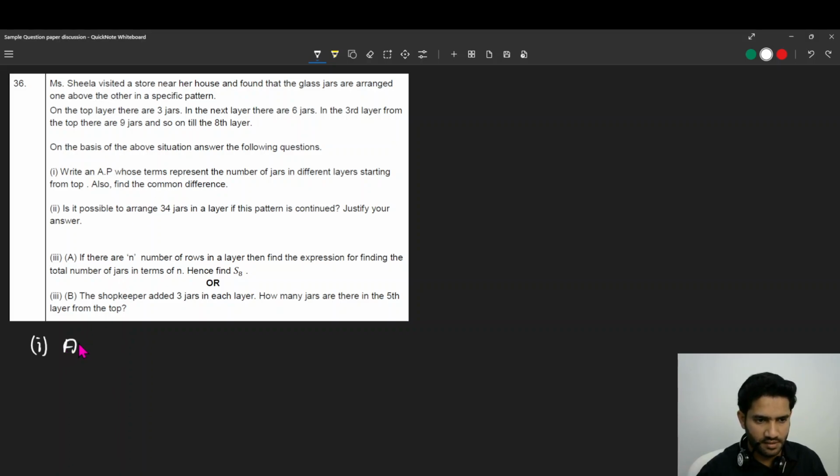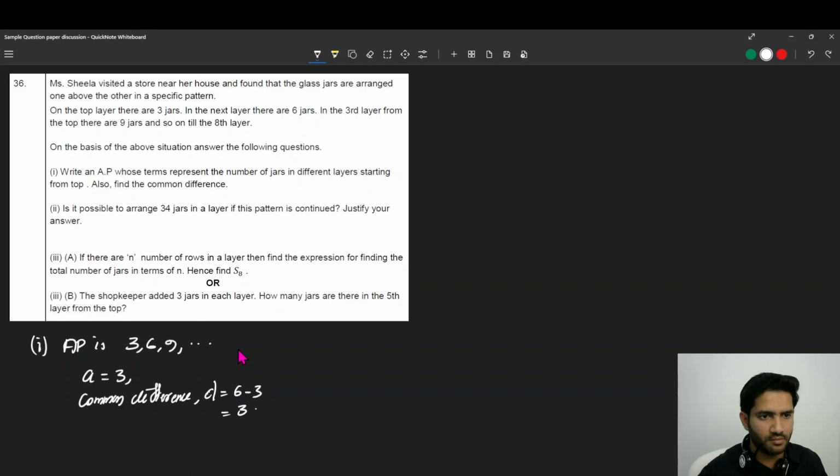So AP is, starting from 3: 3, 6, 9, etc. So here the first term a is equal to 3, common difference, denoted with d, is equal to 6 minus 3, that is 3. So a is equal to 3, common difference is 3.